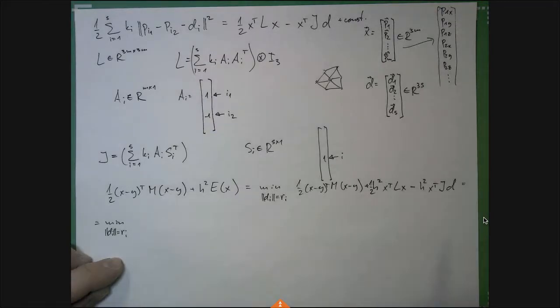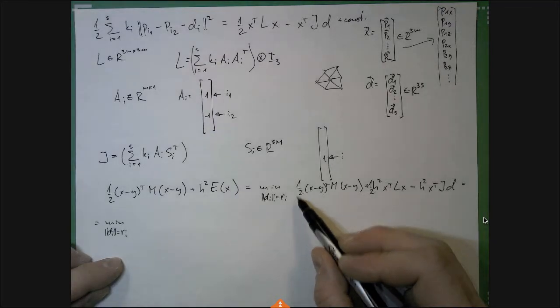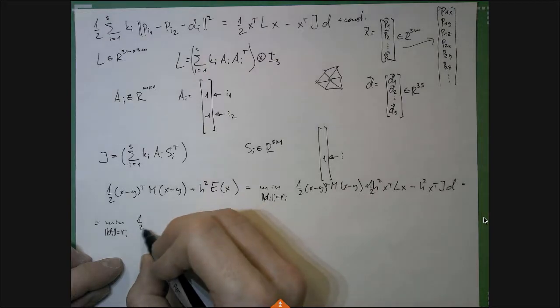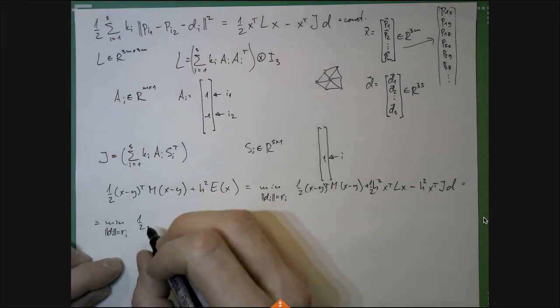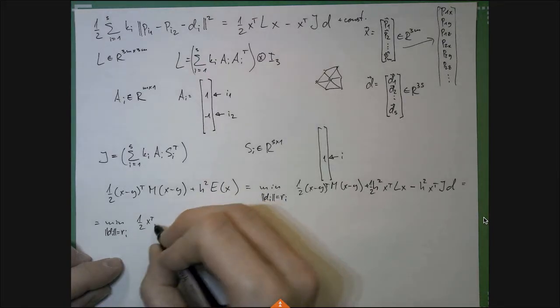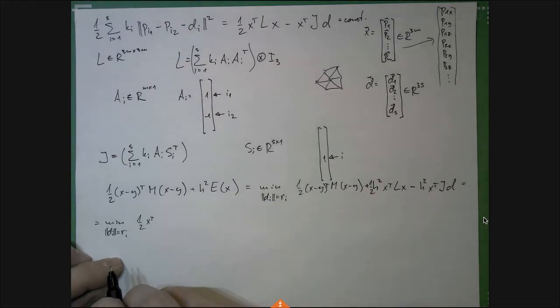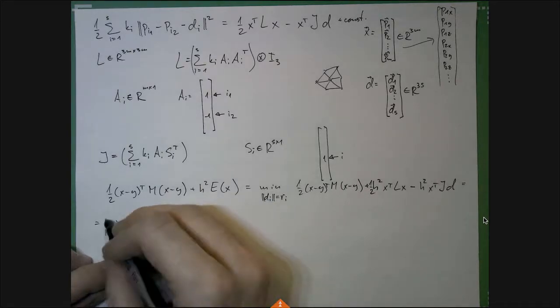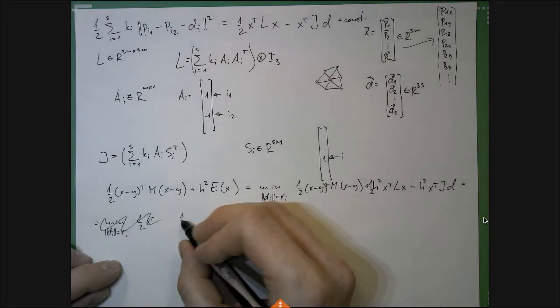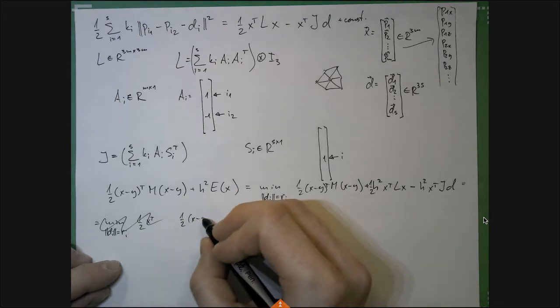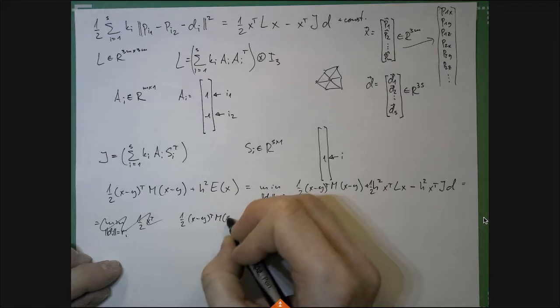And what I can do is rewrite this slightly. So I can isolate the x part to do this without confusing you. Okay, I'll just do baby steps. So 1/2 (x minus y) transpose M (x minus y).